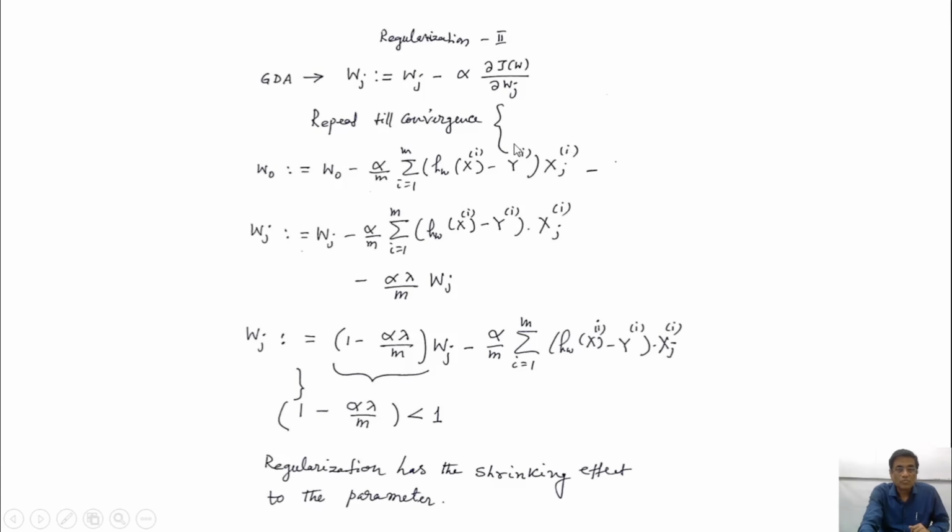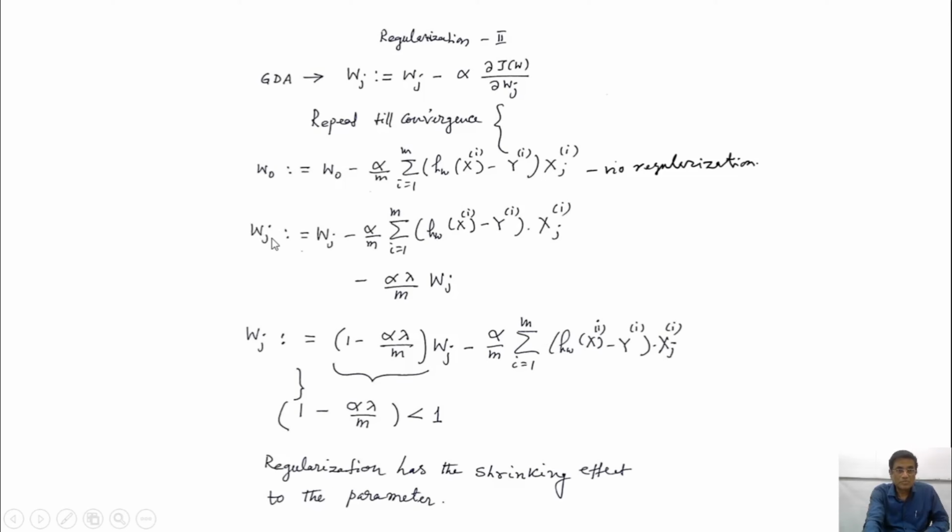This is not attached to a real feature, so we do not need to regularize this term. No regularization is required on this parameter, and that's why we have kept it as it is, because it is attached to a fictitious feature. The others are real features.